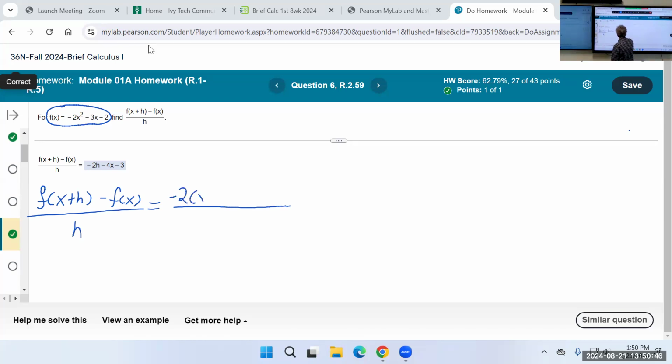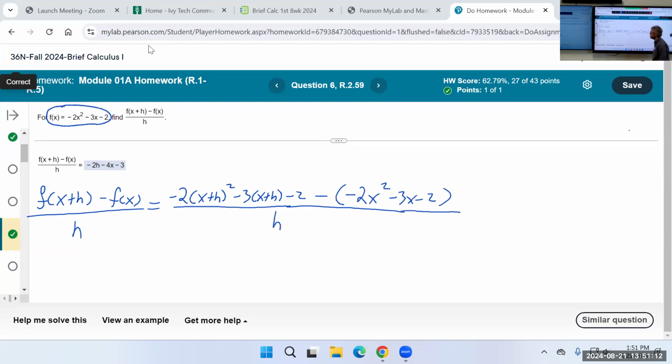So minus (x plus h) squared minus 3(x plus h) minus 2. Okay, that's my x plus h part. And now I'm going to subtract off the original function. And I like to put parentheses around it so I don't make a sign error, which is easy for me to do. x squared minus 3x minus 2.